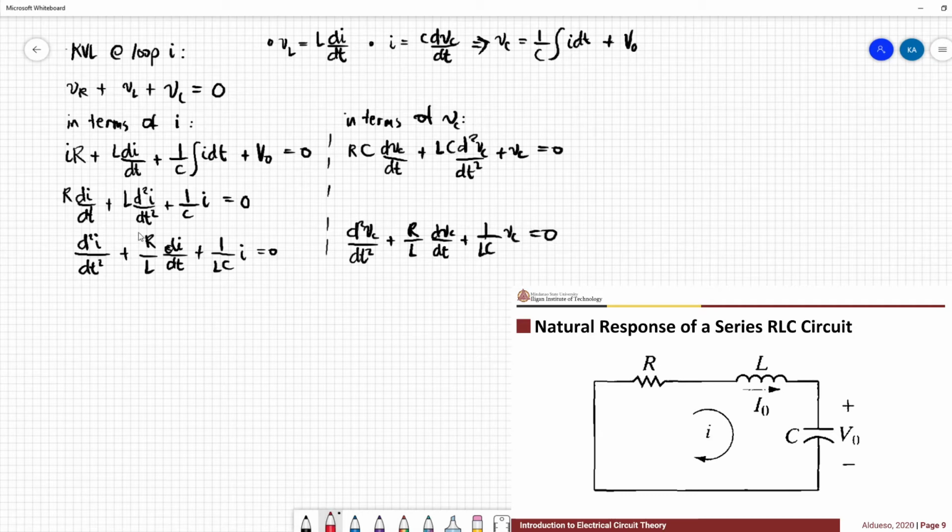Now take note, you look at these coefficients, they are just the same. So we can say that the expressions for I and V are of the same form.